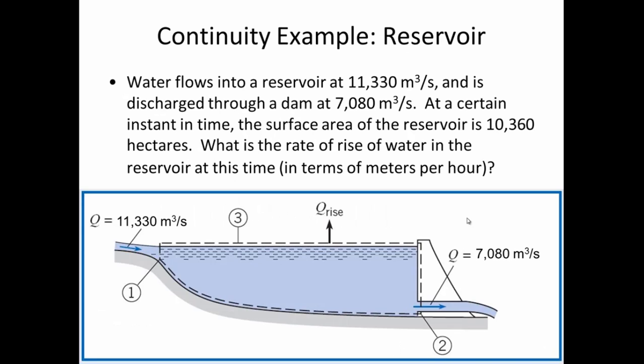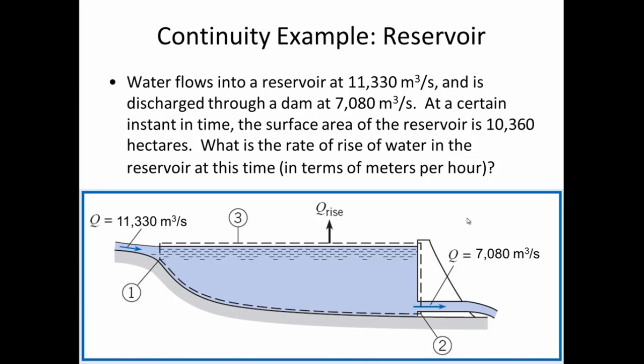We'll start off with another application of the continuity example. In a lot of cases, continuity is used to keep track of liquid level elevations, and one instance in which this is important is when taking a look at the amount of water that's in a reservoir at any given time.